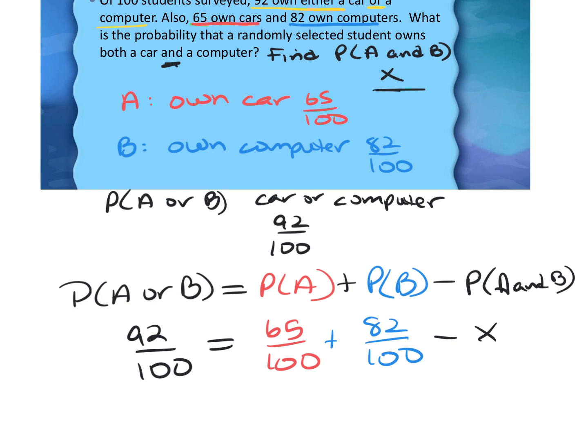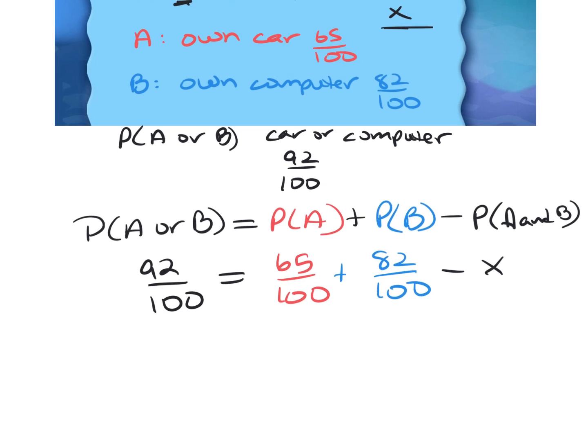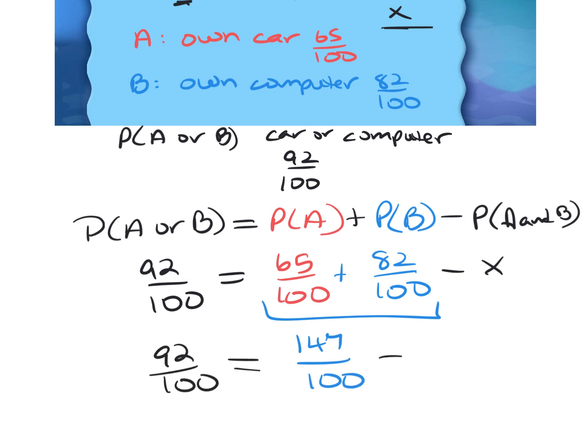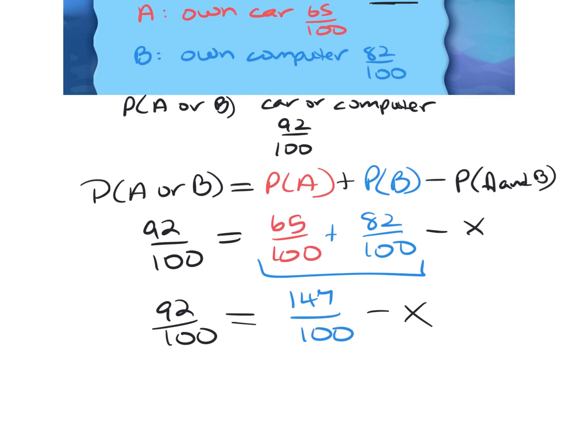So now, I can go ahead and solve this however you want to solve it algebraically. I'm going to go ahead and combine these two like terms here. 65 plus 82. And I get 147 over 100. And then let me put the 92 over 100 equals. And then the minus X. So I'm working on isolating X. Now if you prefer to add the X to the other side, you can.